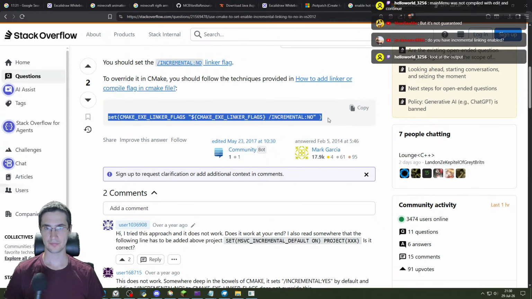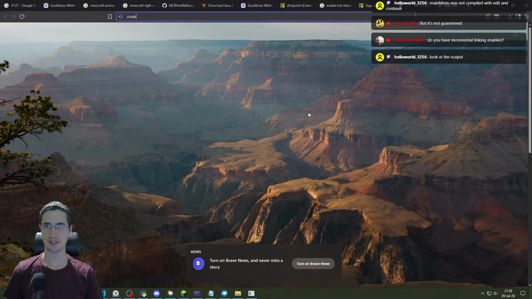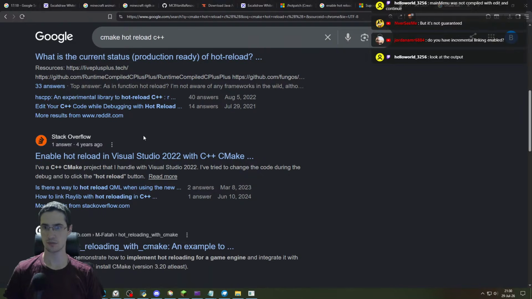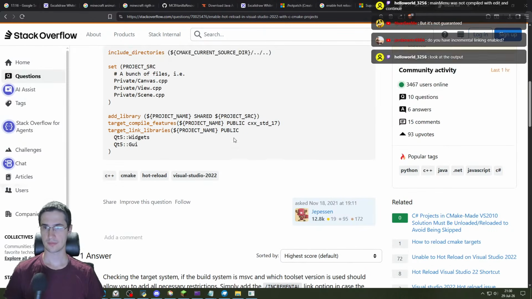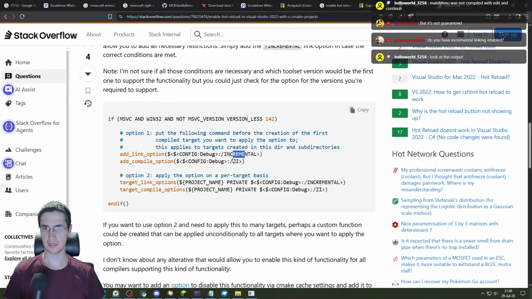Let's copy this. Or like cmake hot reload C++. Link option, incremental, and this.